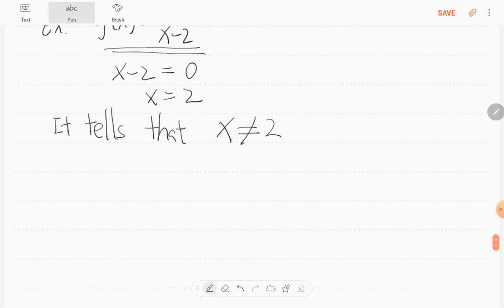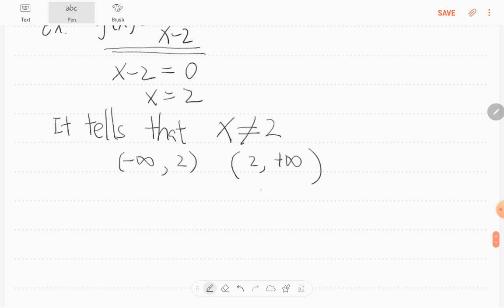If we want to use interval notation, x is not equal to 2. That means x is from negative infinity to 2, or x from 2 to positive infinity, but it cannot be 2.